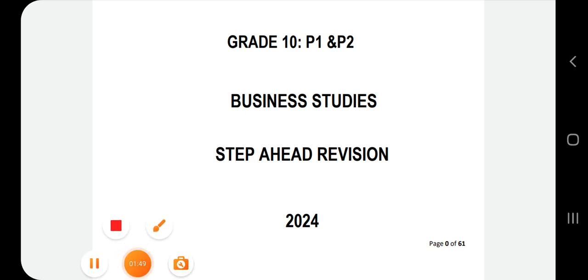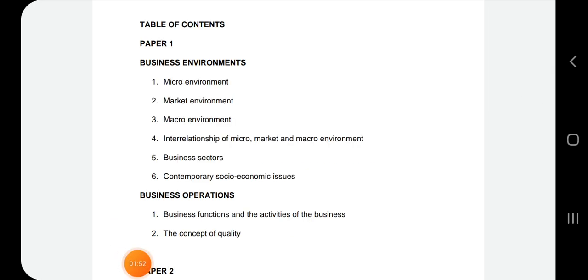Let's get right into it. For paper 1, we have the micro environment, market environment, macro environment, and interrelationships of the micro, market and macro environments. Then we also have business sectors and contemporary socioeconomic issues for paper 1. We did micro yesterday.